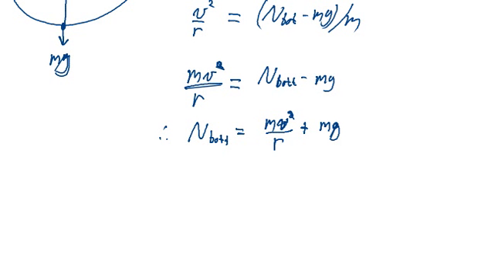Alright, so we can plug in the numbers that we know. So we have the mass of 60 kilograms. In the first part, the speed was equal to 4, so we have 4 squared divided by the radius, that was 16, and then plus the mass, 60, multiplied by g.